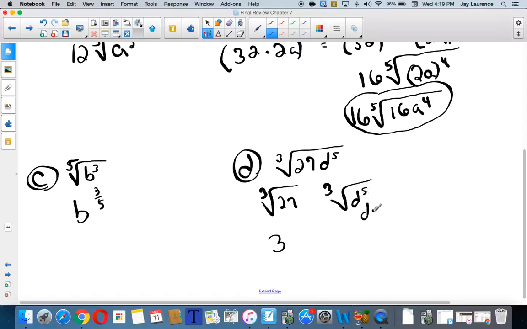This I can think of as d times d times d times d squared. Well, these 3 can come out. So I'm going to have 3d times the quantity of d to the 2/3 power. The 2 is from there, the square, and the 3 is from the root.